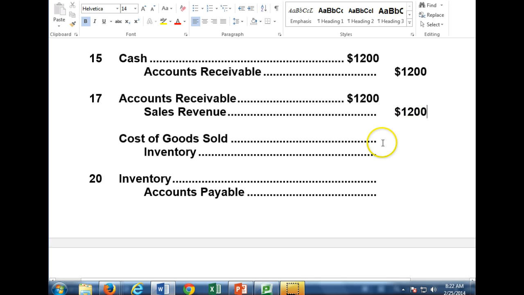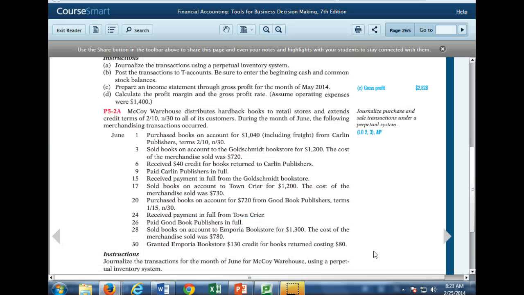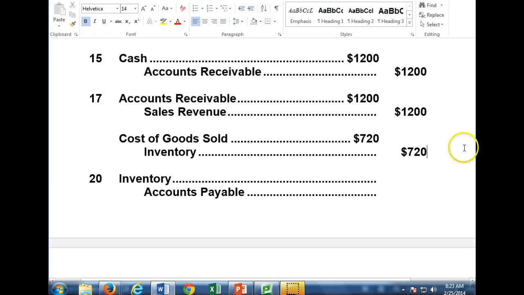And the cost of goods sold that we want to reduce from our inventory is how much? $720? Did I do it wrong? $720 or $730? Oh, the 17th. I'm sorry. $730. Okay?